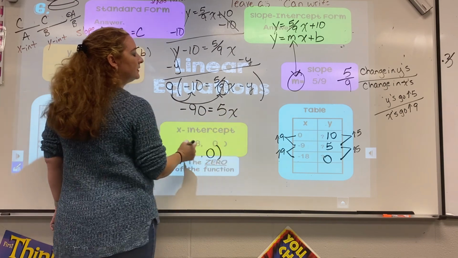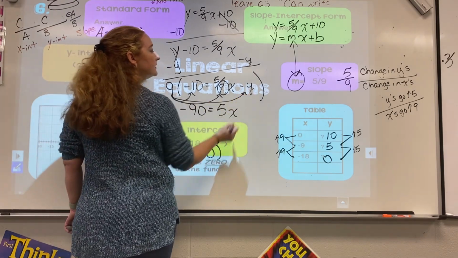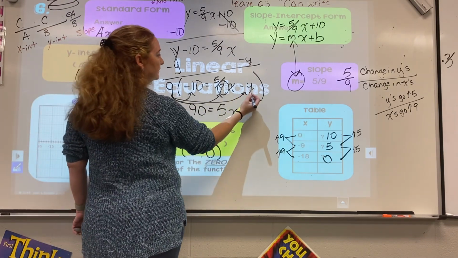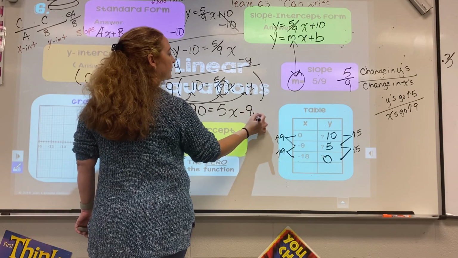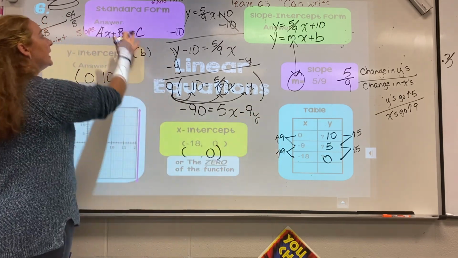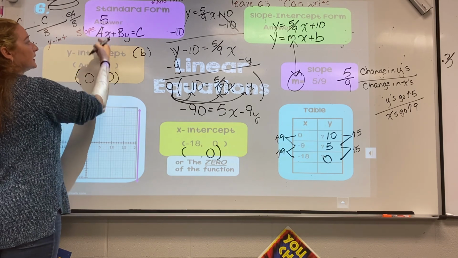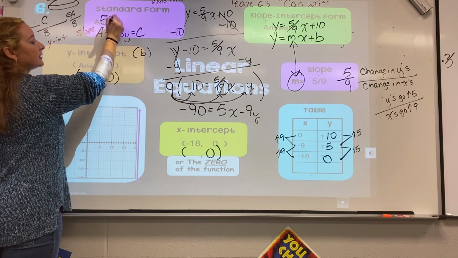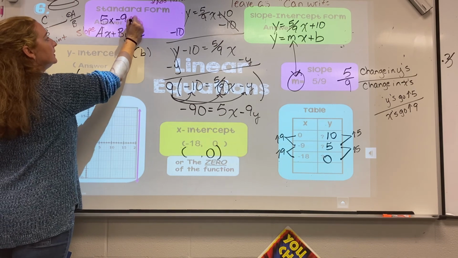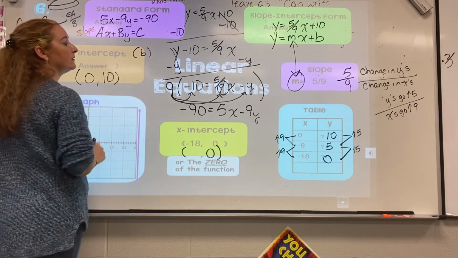So that gives me 5x. And 9 times negative 1y gives me negative 9y. Now I want to rewrite it up here to be in Ax plus By equals C. So 5x minus 9y equals negative 90.